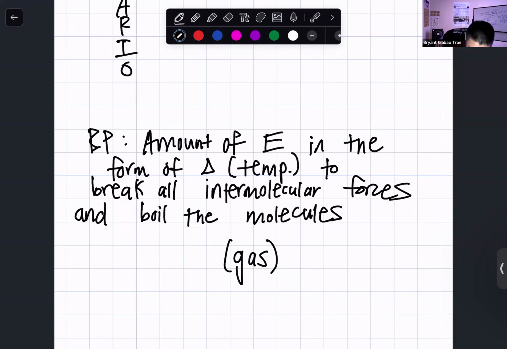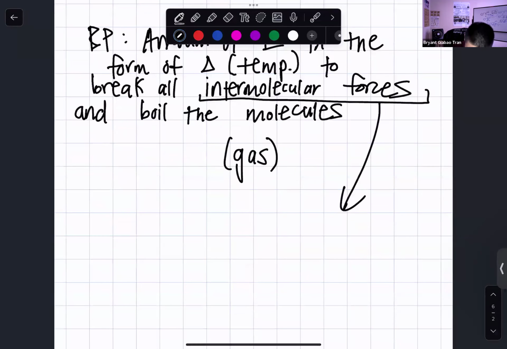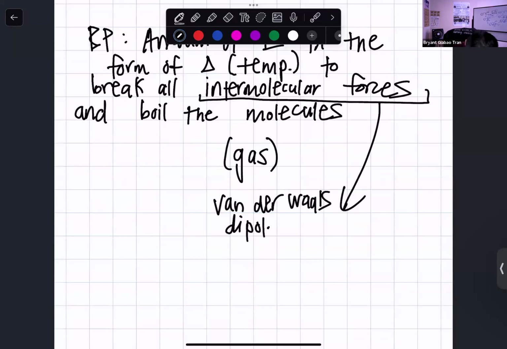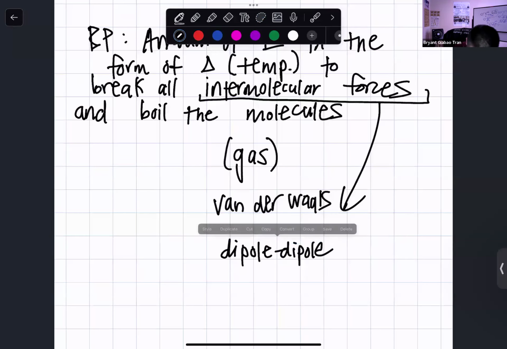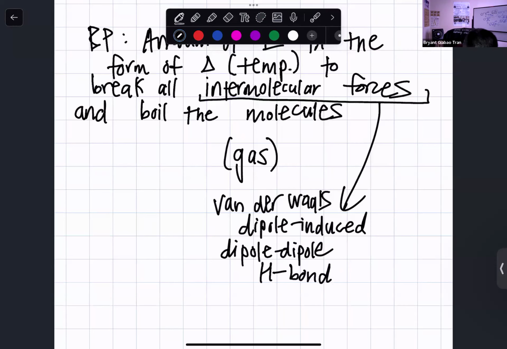Okay. And the intermolecular forces are gonna be van der Waals forces, dipole-dipole, and dipole-induced. But the important one that we're worried about here are H bonds, hydrogen bonds.